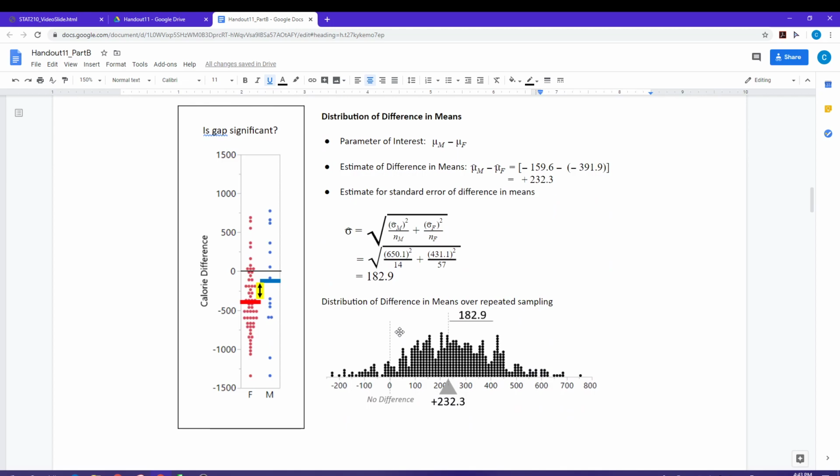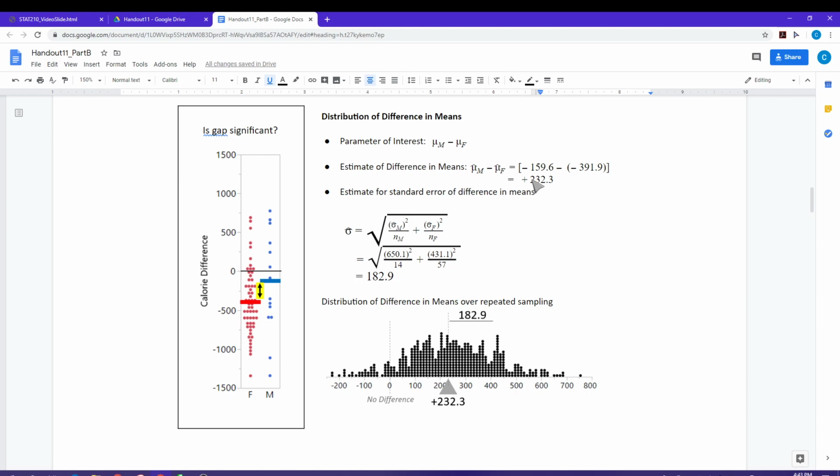What we are really interested in is that gap between the males and females. So that's what handout 11 is about: trying to establish whether or not that gap that I see in my means is going to be consistent over repeated sampling. To estimate that gap, all I need to do is subtract the female mean from the male mean.